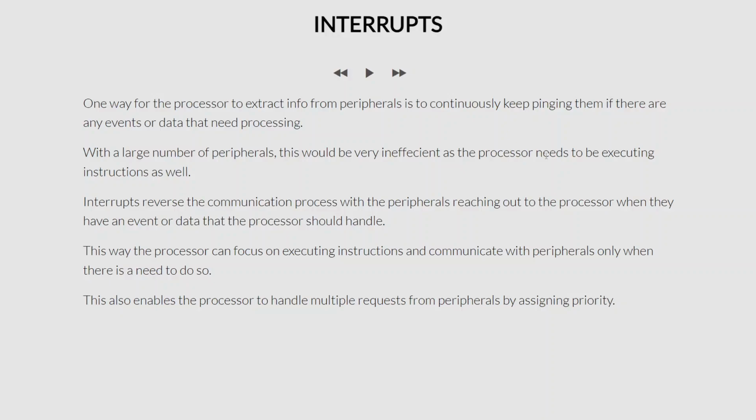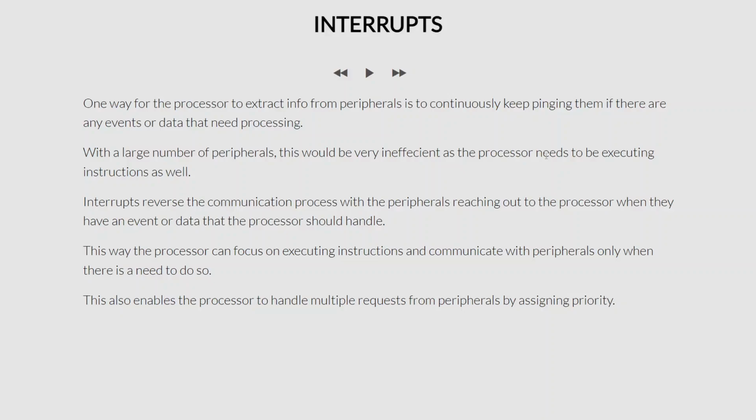Now, the concept of an interrupt is that this reverses the communication process. Now it is the peripherals that are reaching out to the processor. The processor can just keep doing what it's doing, right? When the peripherals have any event or data that needs to be handled by the processor, only then will the peripheral reach out to the processor.